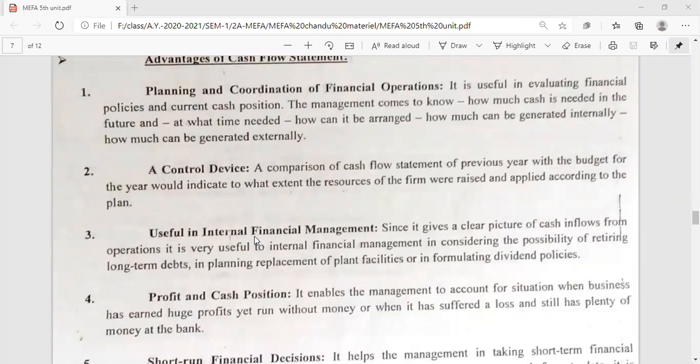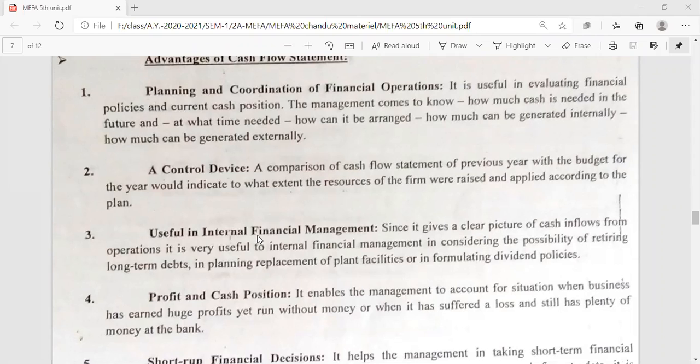Next, a control device. It is a control device in the sense that we compare the cash flow statement of the previous year with the budget for the year, and it indicates to what extent the resources of the firm were raised and applied according to the plan.